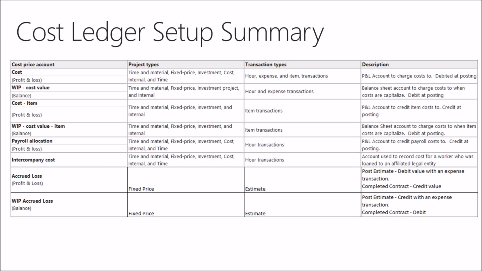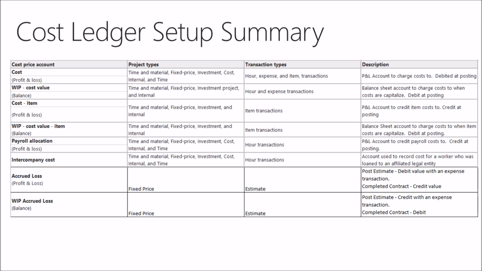Okay, what we're looking at here is a table that represents all the different posting types within the cost tab of your ledger posting setup. If you look at the left side, it says cost price account. That's your posting types. And you can see that we have cost, WIP cost value, cost item, WIP cost value item, etc., all the way down that list.